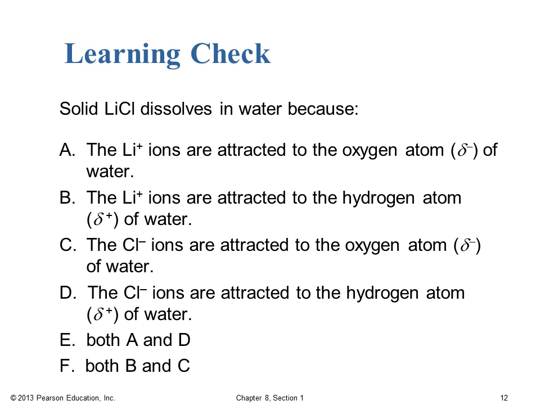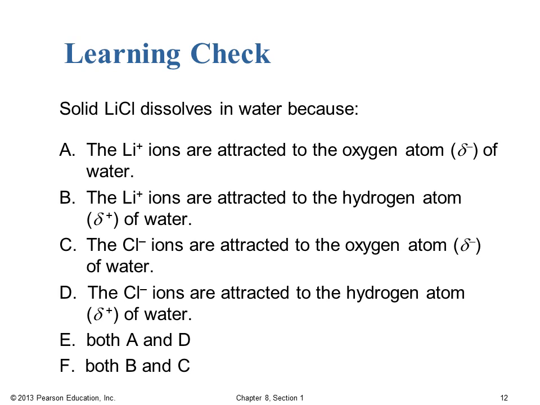Same thing here. So here we're looking at lithium chloride, and again, it's another ionic compound. And what we need to do in this learning check is to figure out which one of these is true. Why does lithium chloride dissolve in water? Lithium is a metal, and it's going to separate into its charges and dissociate.